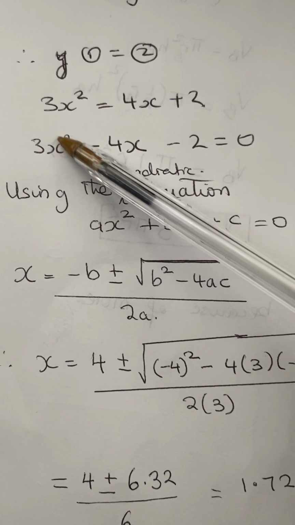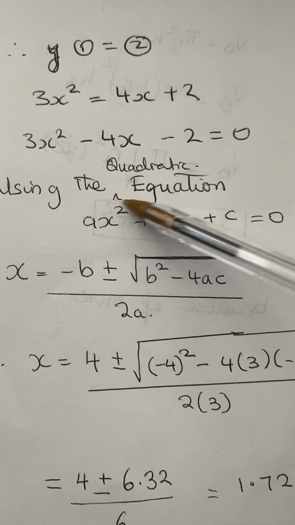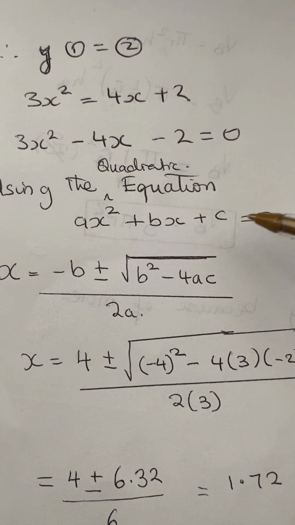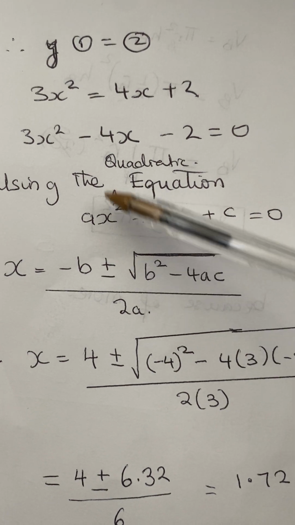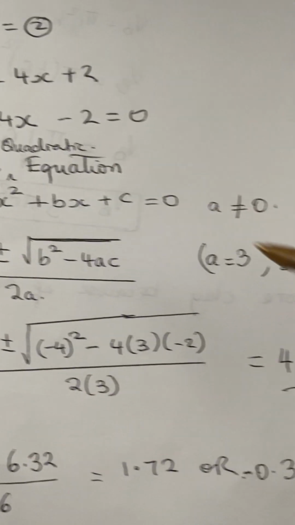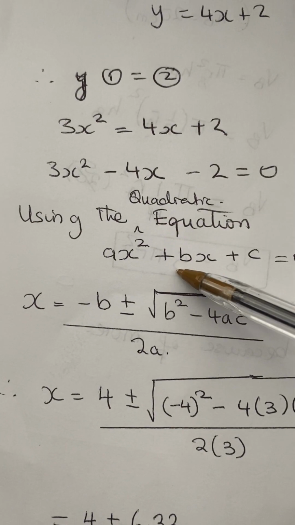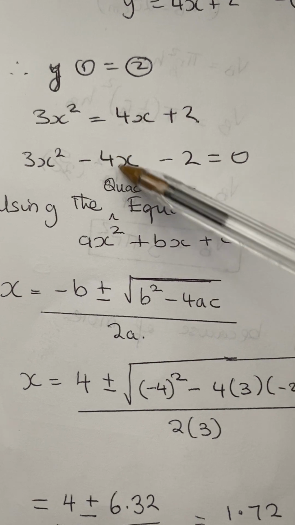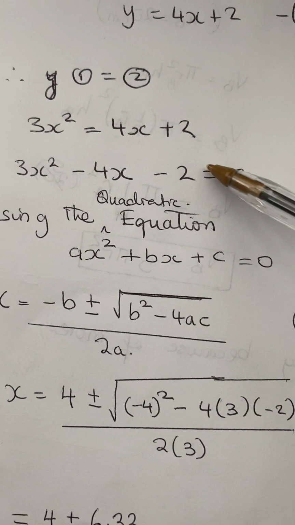Now, a is never equal to 0, because if a is 0, then you have bx plus c. You can use this equation here. If you compare, a is 3, so that is a equals 3. b is minus 4. b is minus 4 there.